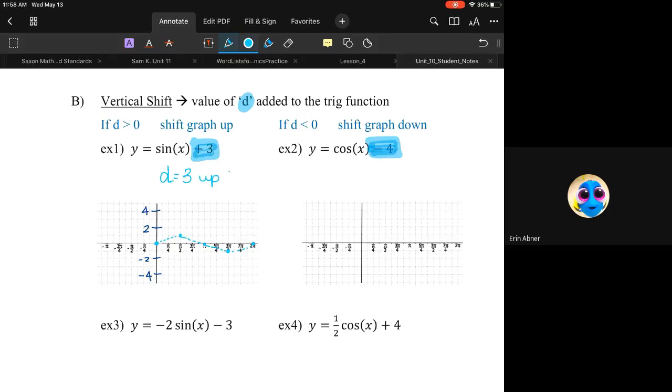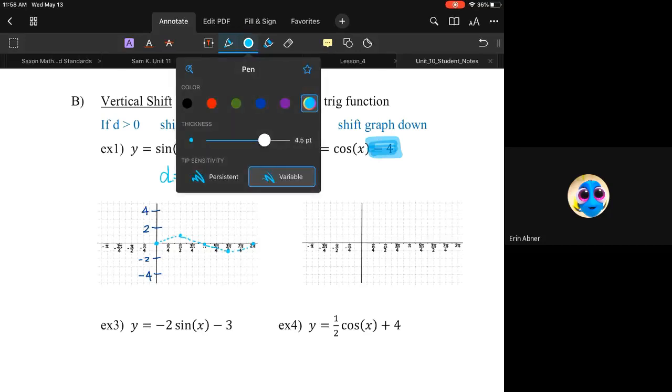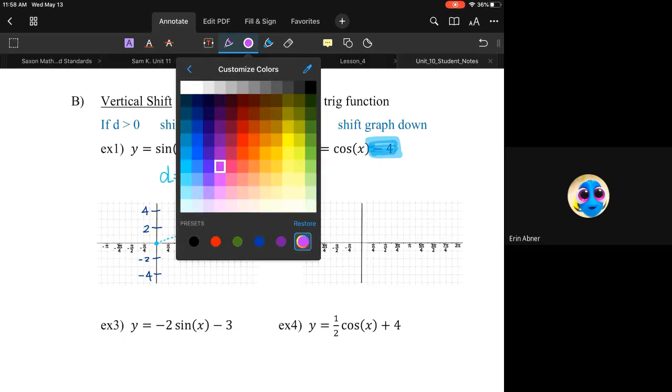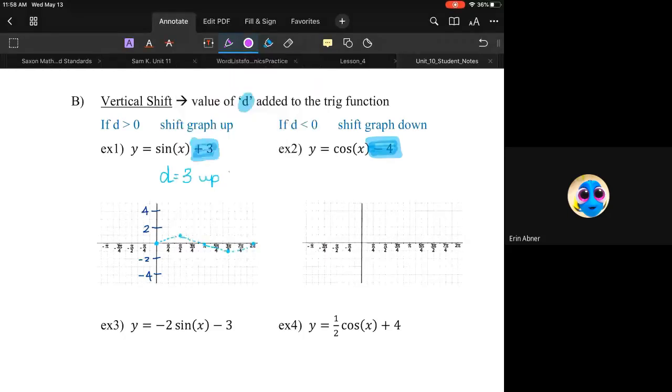Okay. So I'm going to take my graph and I'm going to shift every point up 3. 1, 2, 3. So my new point is here. So I went up 3. I'm going to do that to every point. 1, 2, 3, new point, it went up 3.